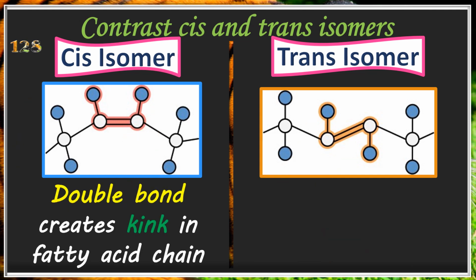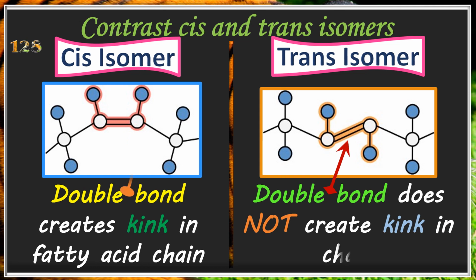Now the cis isomer, the double bond creates a kink in the fatty acid chain, whereas for the trans, the double bond does not create a kink in the chain.